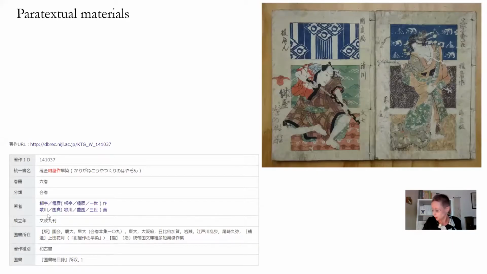So you would think, why on earth do we need sōrōbun for this kind of material? Well, the date of this is 1826, Bunsei 9.